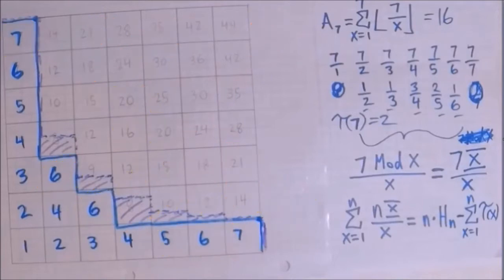Let's consider a mythical number that does not exist, one that is ultra smooth. Basically, n divided by x is an integer for all x. It can't exist.